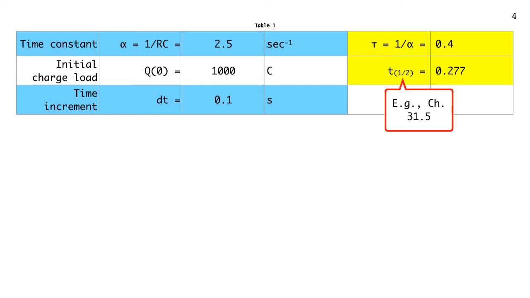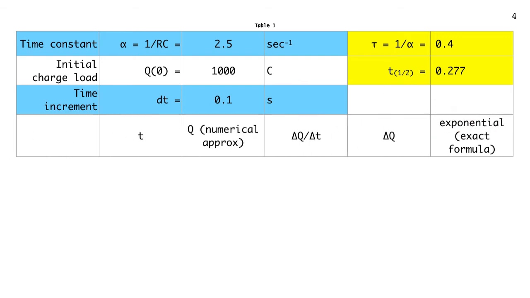It involves logarithms, and logarithms are going to be coming up pretty quickly as we go through this. Anyways, the half-life is related to the time constant tau, and in this situation, the half-life is 0.277 seconds, and I'll explain what that means when we get to the graphs of the charge.